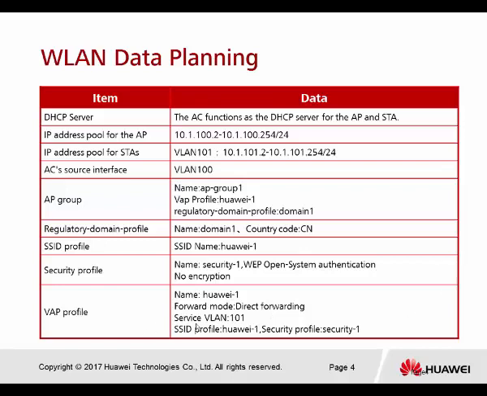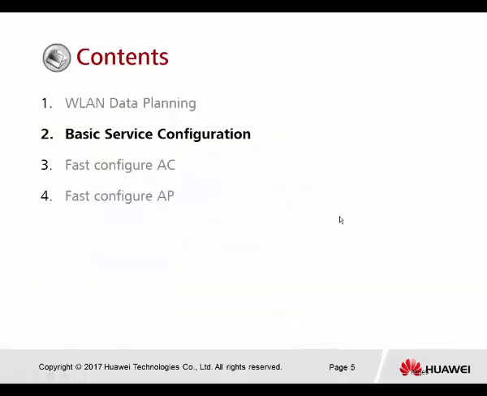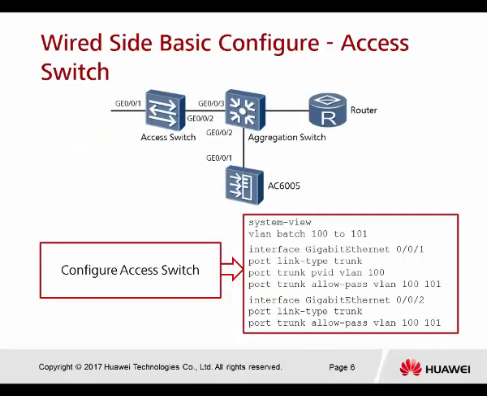Now the service VLAN we're going to assign is 101. This 101 will be bound to the SSID later on. So the SSID is using Huawei 1, and the security profile we're using is security 1. Basic service configuration: right now is the configuration on the access switch, which is switch number 1 here.